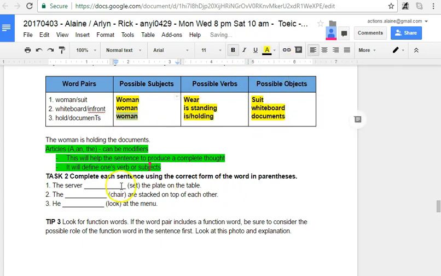For the next task, complete each sentence using the correct form of the word in the parentheses. So, given these words, please complete the sentence. Okay, go ahead and please answer that for me.